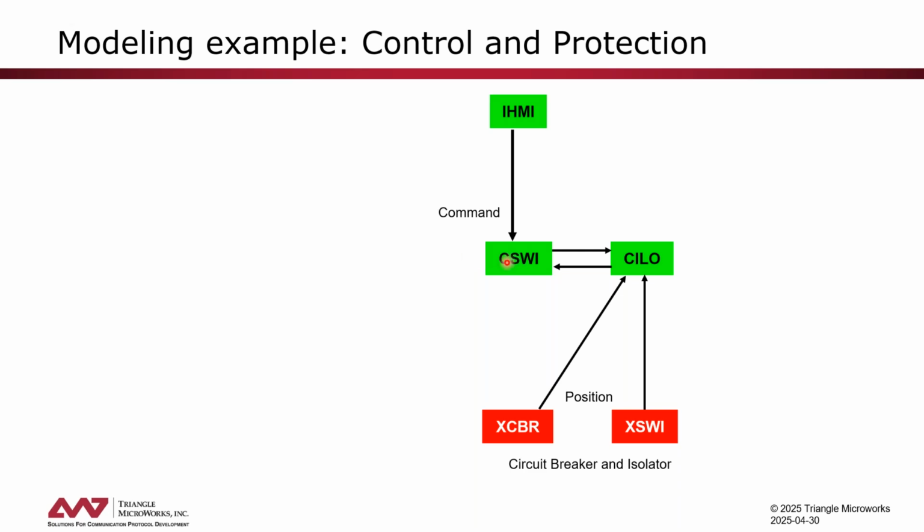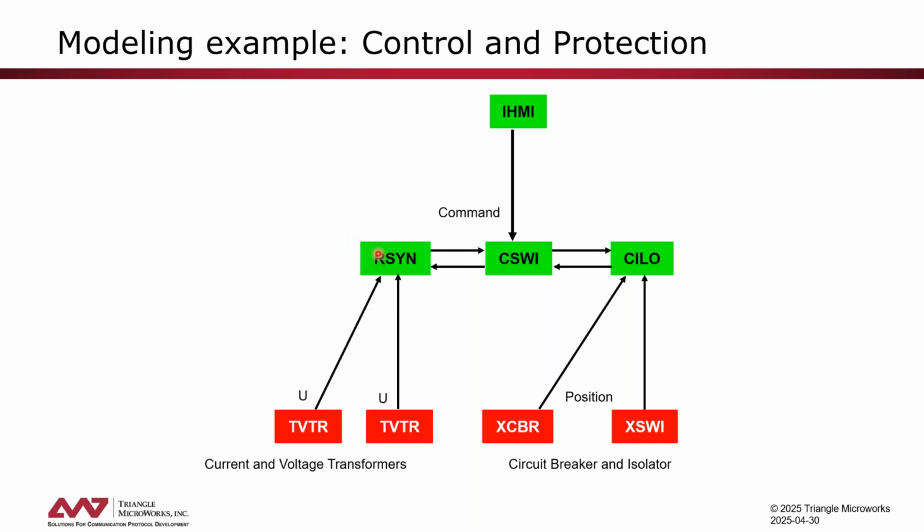If everything is okay, we may also need to check synchronism conditions if we are closing a breaker on a live line. So we also have a logical node that is performing the synchro-check analysis based on voltage measurements on the two sides, which is giving a release signal to the switch controller. And if everything is okay, the switch controller will issue the request down to the breaker to open the breaker.